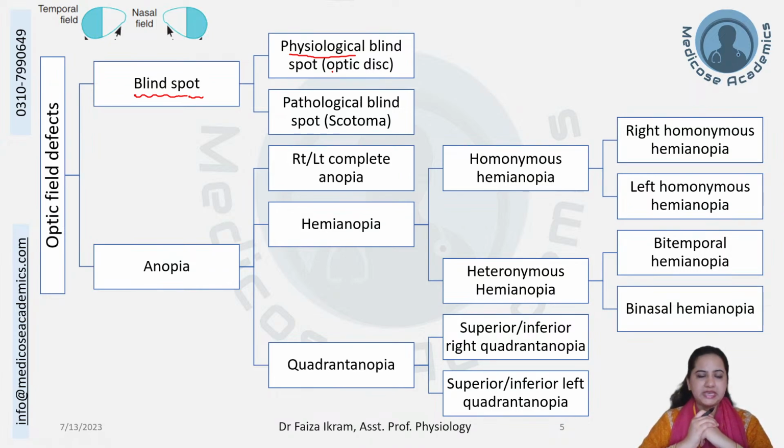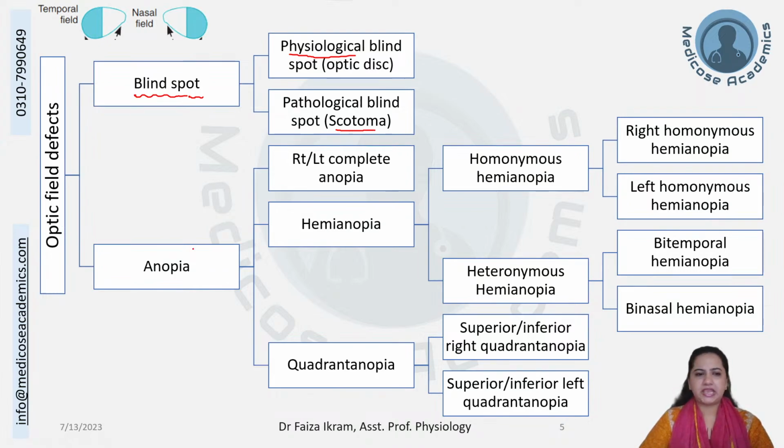Pathological blind spot is a blind spot at a point in the retina other than the optic disc. Anywhere other than the optic disc will be pathological, and the other name for this pathological blind spot is scotoma.